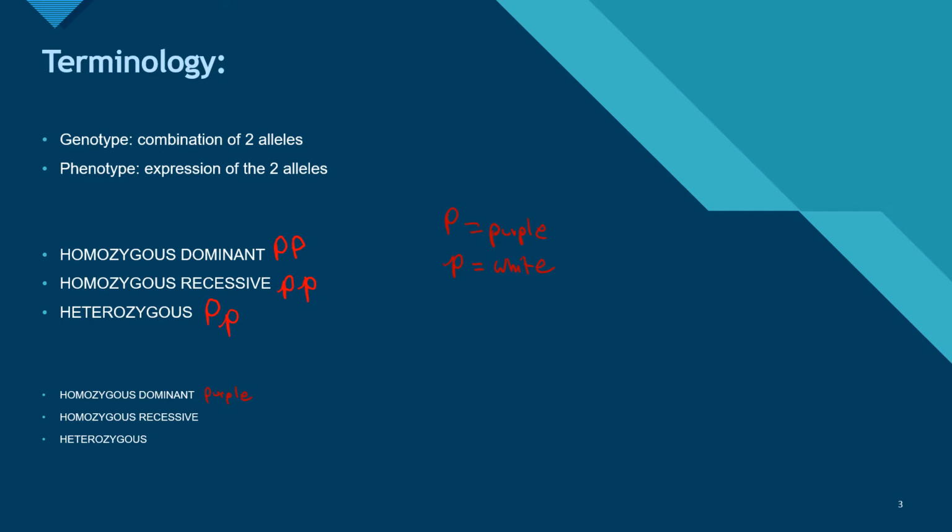Little p, or white, would give us white as the result. And then big P, little p for heterozygous: since the big P is telling the little p what to do and big P is purple, it's going to be purple.